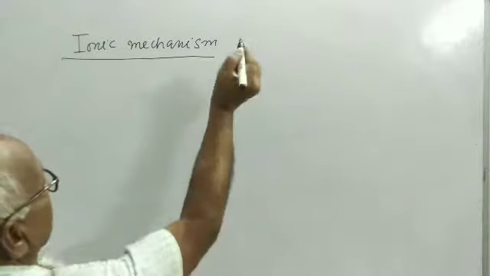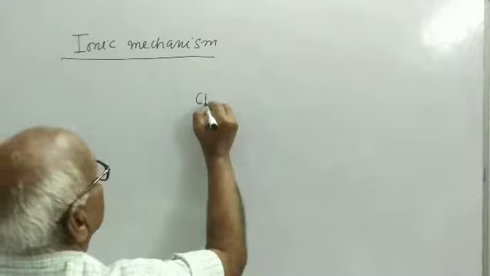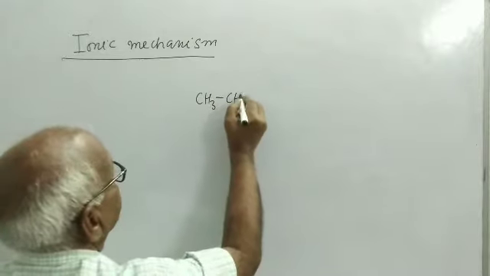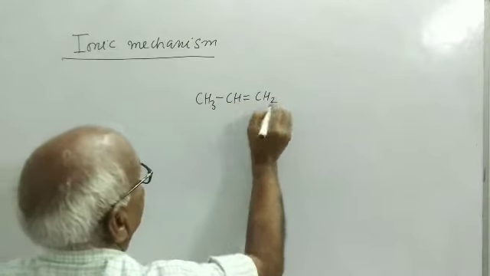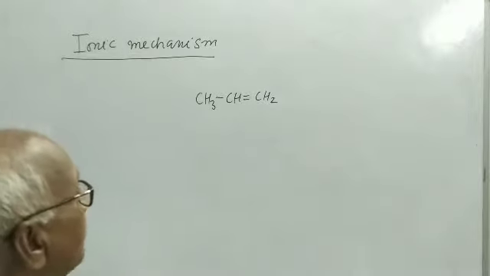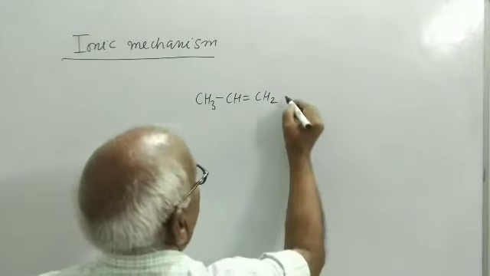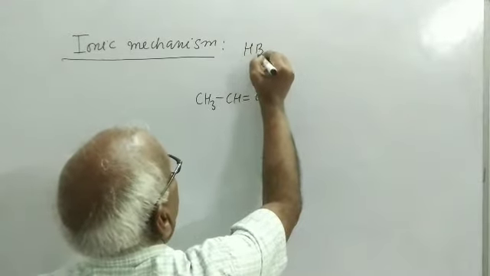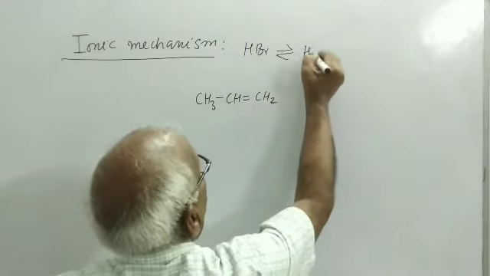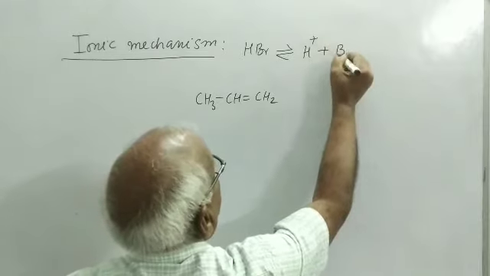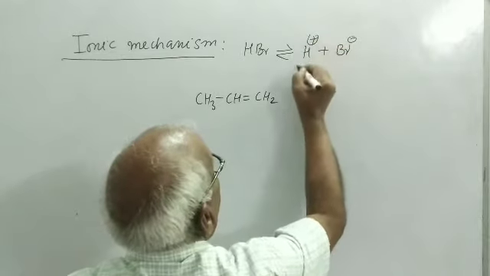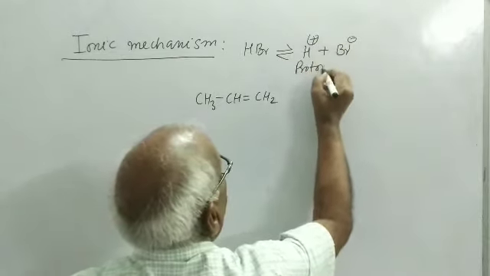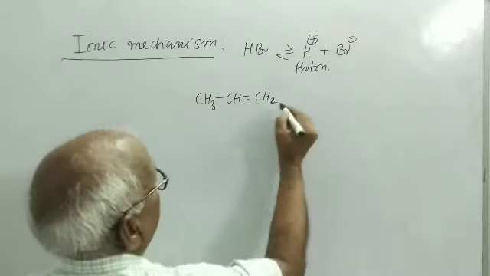The starting material is propene and the addendum is HBr. So HBr dissociates into Br minus and H plus, this is proton, an electrophile. So it is electrophilic addition reaction.